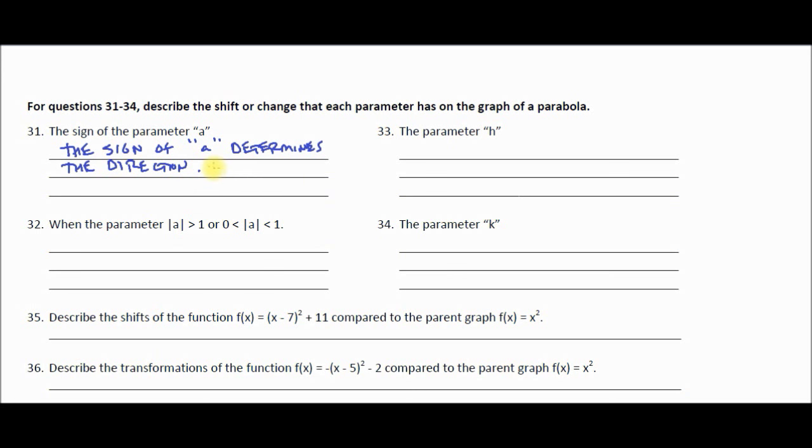Okay, a positive A opens up, a negative A opens down. So here's our answer. The sign of A determines the direction of the parabola. A positive A opens up, a negative A opens down.